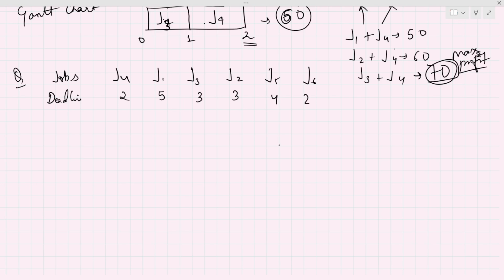And the profits are 300, 200, 190, 180, 120 and 100. So these are the profits.